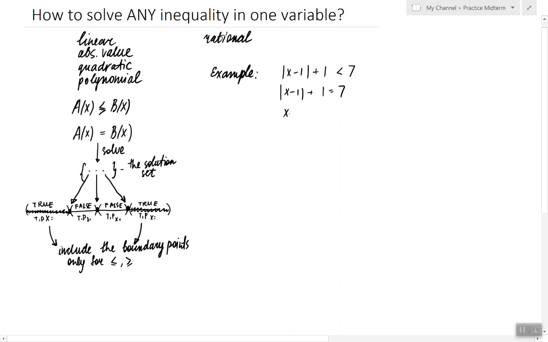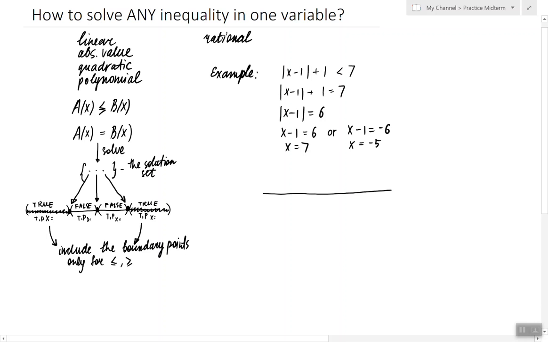If you make mistakes solving an absolute value equation, you won't be able to solve an absolute value inequality. So to solve this absolute value equation, we isolate the absolute value and then we split the equation into 2, one with positive 6 and one with negative 6. So the solution set is 7, negative 5.